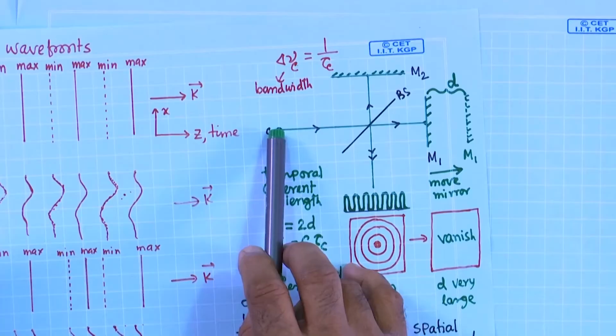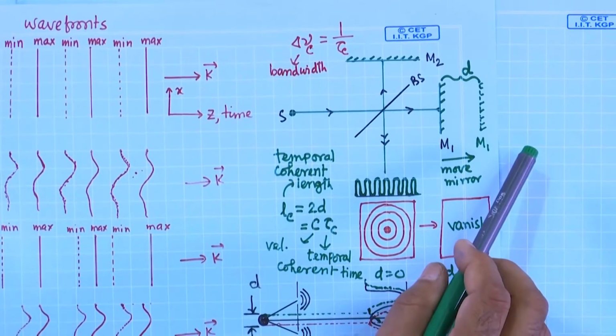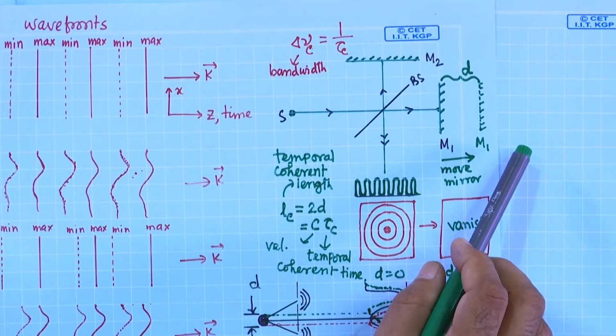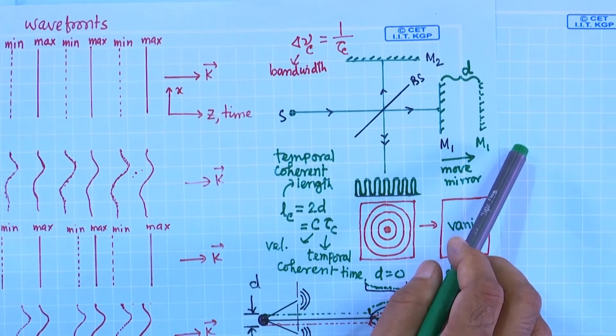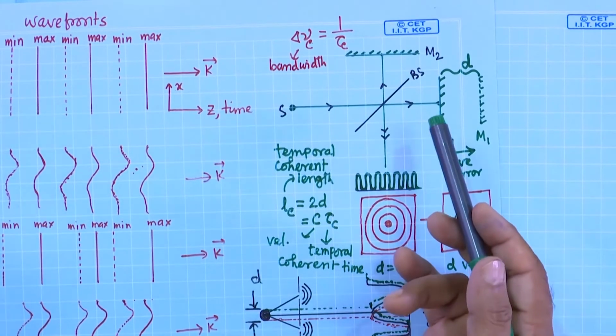So basically one can measure the temporal coherence time or temporal coherence length. What is temporal coherence time and temporal coherence length?